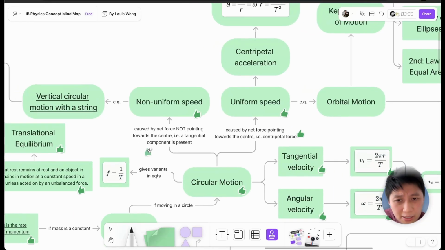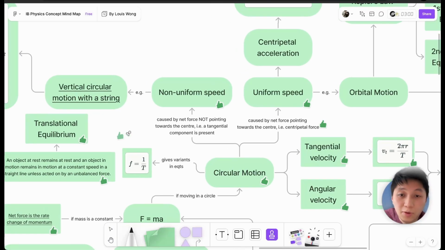However, there are also cases where the net force, remember the net force can be composed of more than one force, it's not just maybe a tension or something, it can be the tension and the weight, is not pointing towards the center. So it's off from the center, and therefore if you try to resolve it, there must be a tangential component present. In this case, the speed cannot be maintained the same. There must be a change, either an increase or decrease.